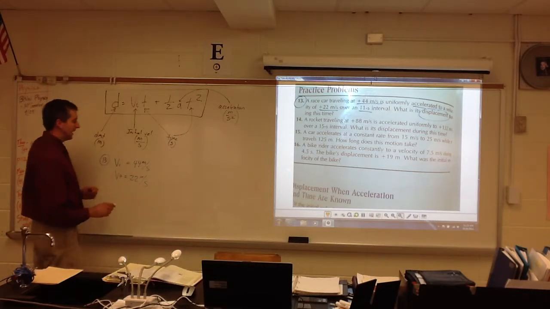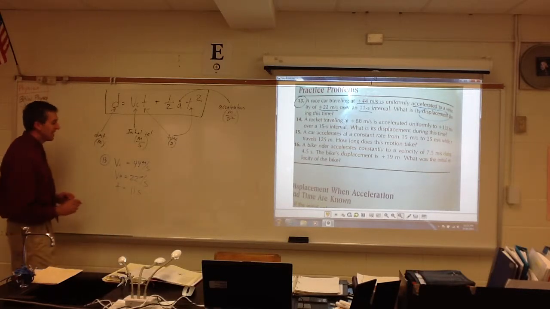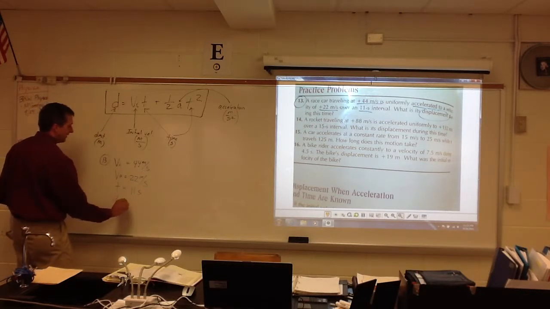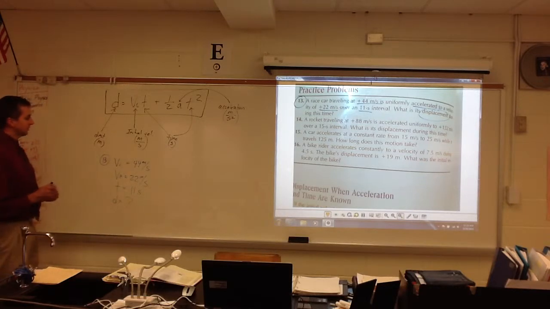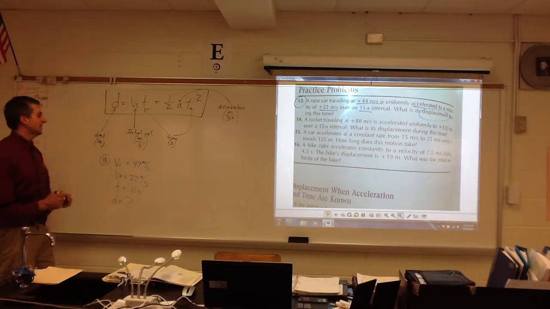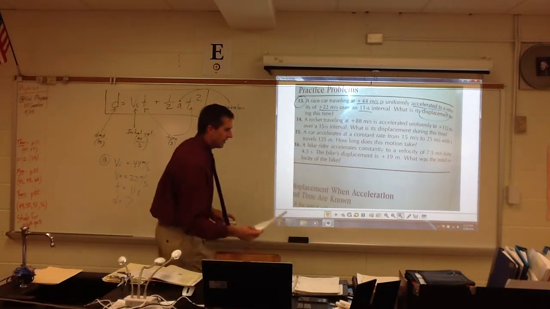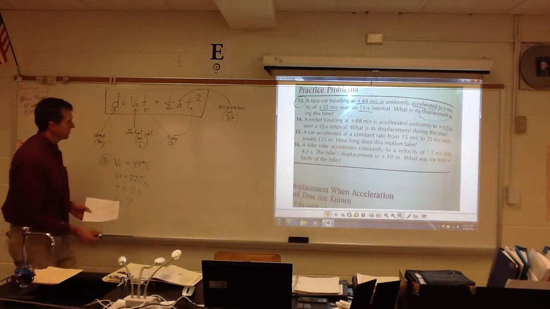So that's my final velocity. That takes 11 seconds. And the question is asking, what's the distance? What's the displacement? Now, I just showed you this equation, but at a glance, these variables don't fit directly into that equation. So here's what you've got to do. It's actually going to be a two-step approach.